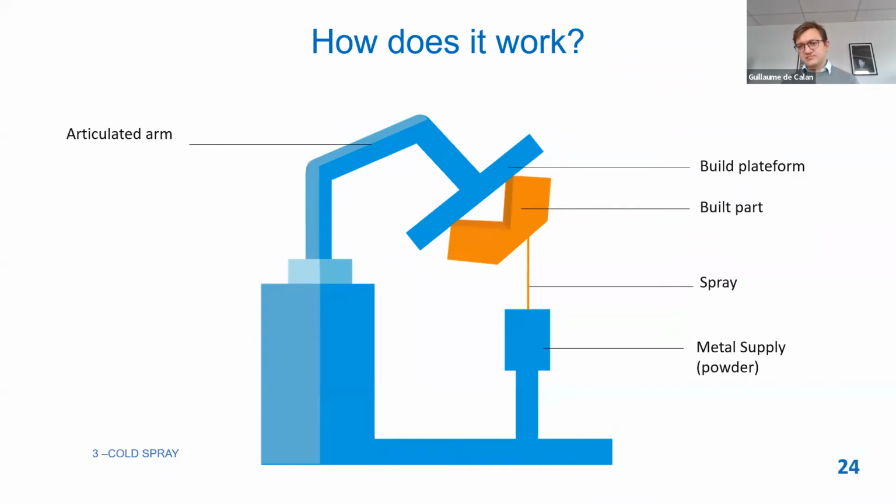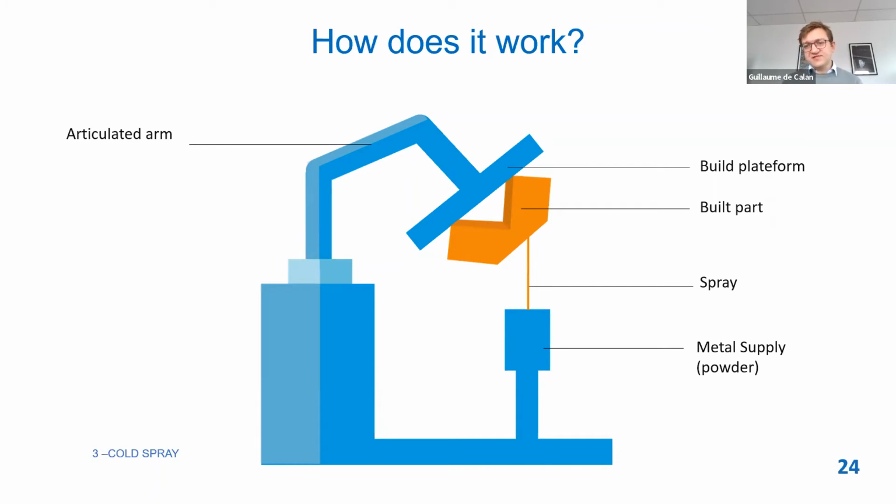It can be different according to the kind of printers you're using, but one of the most well-known brands will use a robotic arm and what we call a cold spray nozzle, which basically will propel the powder on the part at supersonic speed, so extremely fast, but with almost no heat, which is why we call it cold spray. So it's not completely cold, but it's way below the melting temperature of the metal.